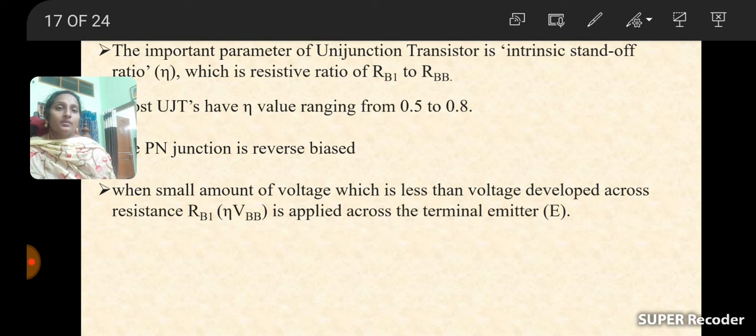It is the ratio of RB1 to RBB. And what is the value of the intrinsic standoff ratio? 0.5 to 0.8. And when the PN junction is reverse biased, a small amount of voltage, which is less than the voltage developed across resistance RB1, is applied across the emitter terminal.